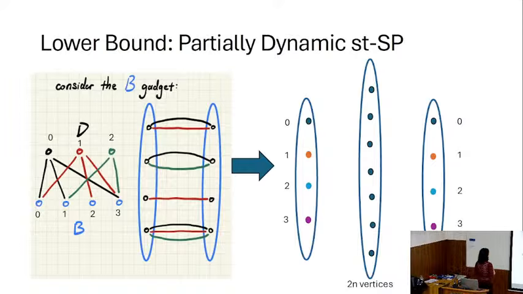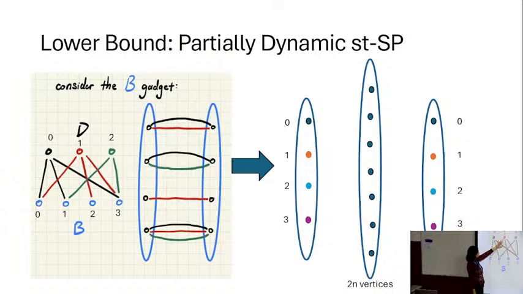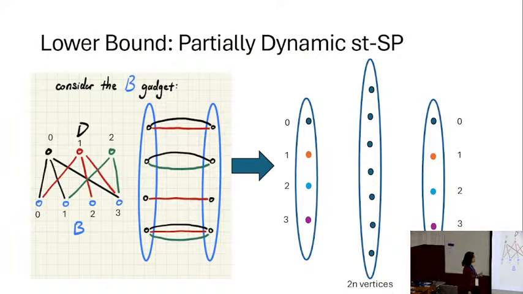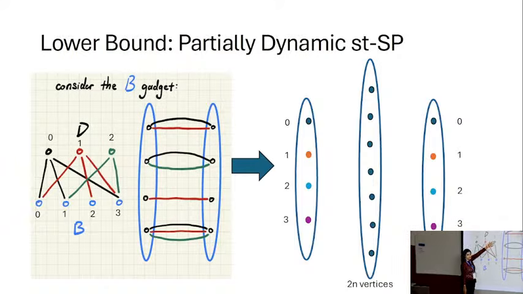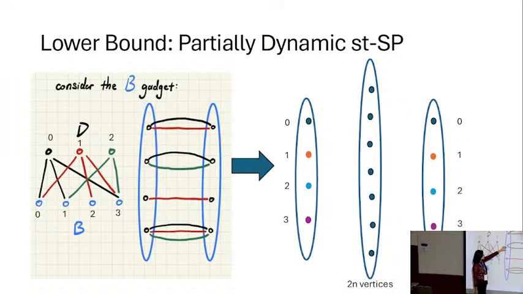Okay, so consider the B gadget. Let's take this example. You have this D and you have this B, and these are your vertices numbered from 0 to 3, 0 to 2. So you're considering B in decreasing order, right? You'll be considering your green edges first. In the original construction, from 2 the edges go to 3, 2 to 1.